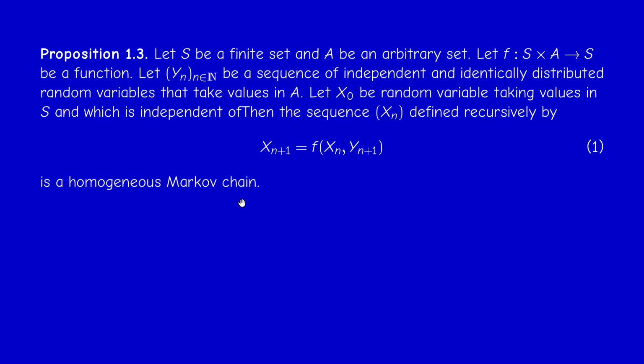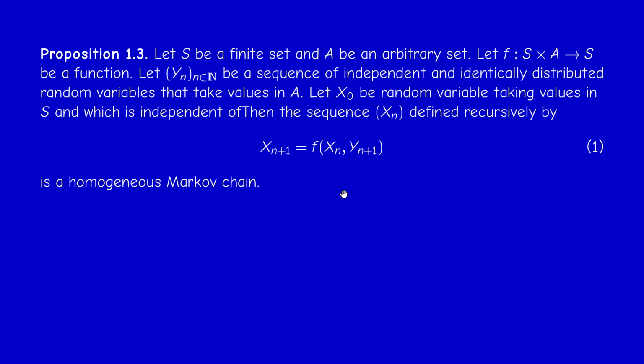Okay. Then we have now a discrete process defined in this way, and we claim that it's a homogeneous Markov chain, first thing. And by the way, this is what we call a discrete random dynamical system.